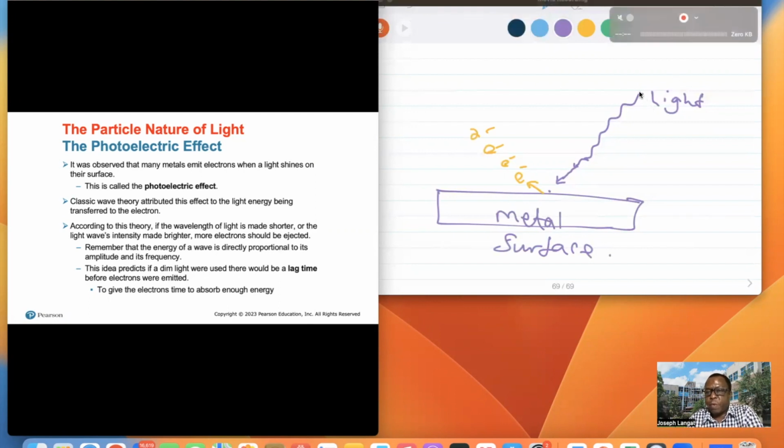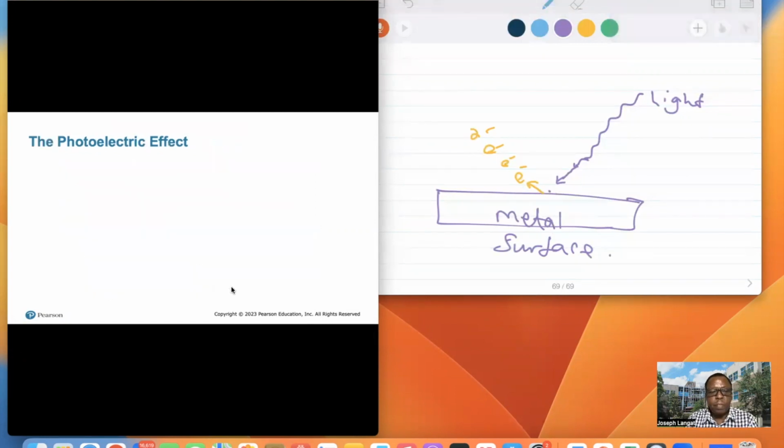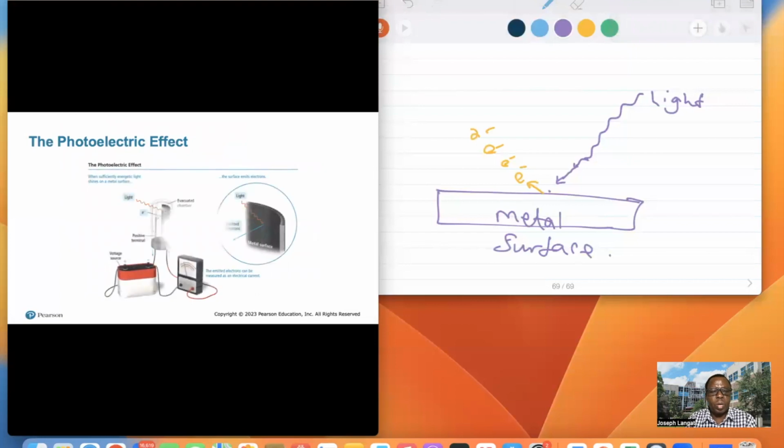They were just theorizing, or the hypothesis was that if you decrease the intensity, it will take less time for the electron to be ejected. Or if you increase the intensity, electrons will be ejected faster. But the observation was contrary to that.